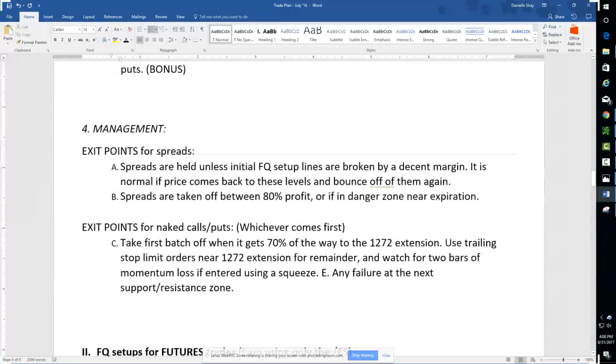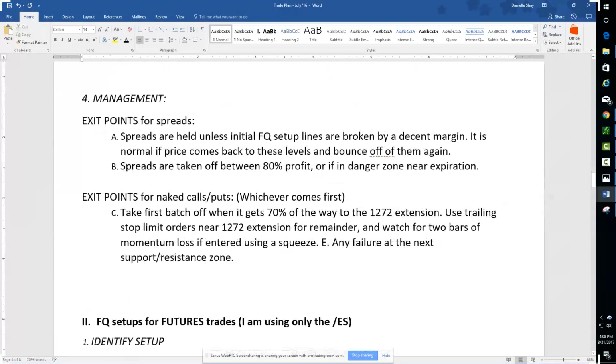Then you have to understand your management, your management for each and every trade. For me, my exit point for spreads, I will stay in those unless the support has been broken. My target profit is 80% of profit, or I take it off if it's getting too close to expiration. It doesn't really matter how you do it.